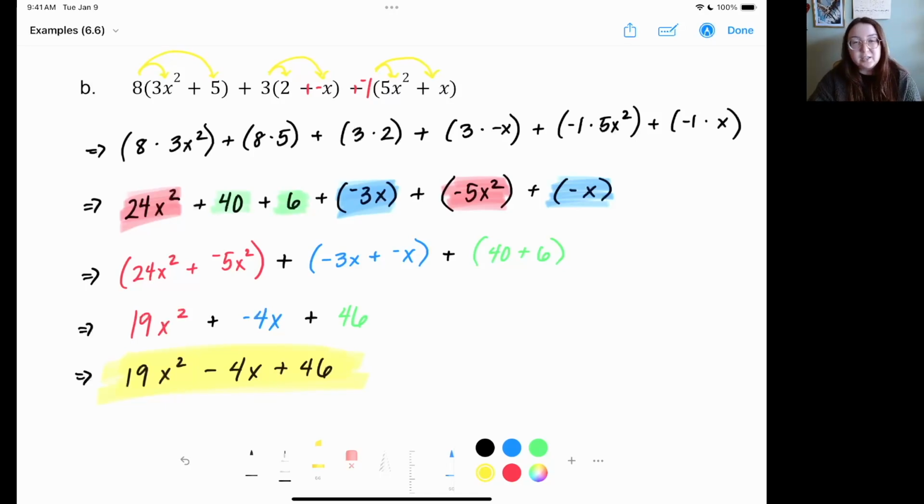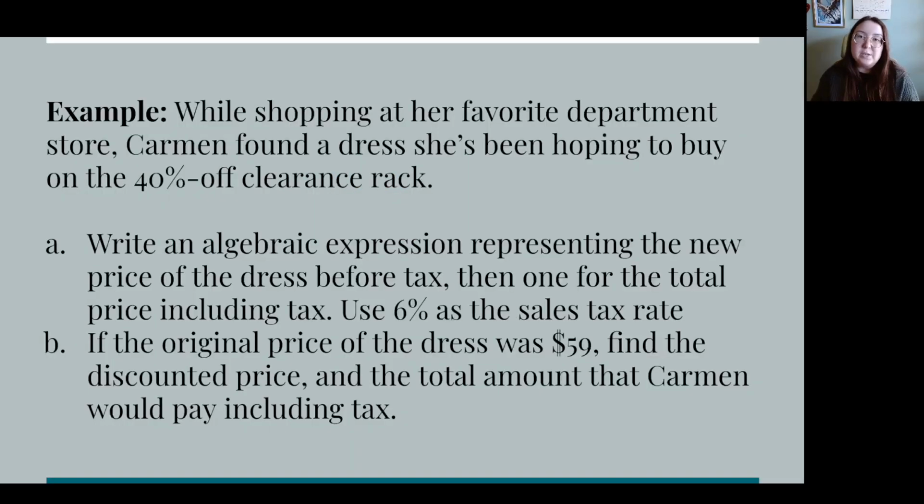So let's go ahead and go on over back to our lecture. So now we're going to do another example together. While shopping at her favorite department store, Carmen found a dress that she's been hoping to buy on the 40% off clearance rack. For A, we are going to write an algebraic expression representing the new price of the dress before tax.